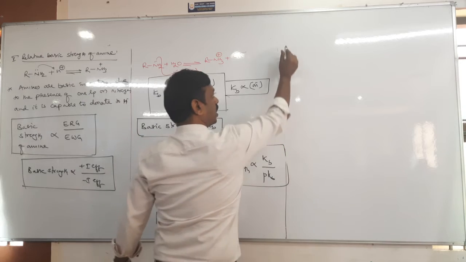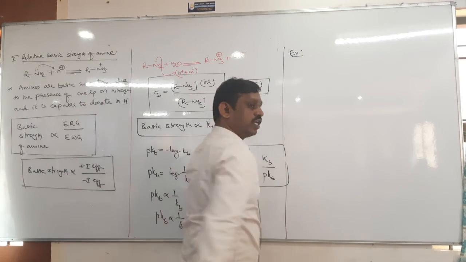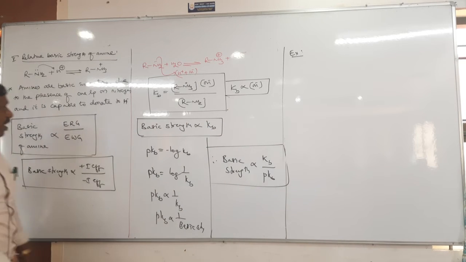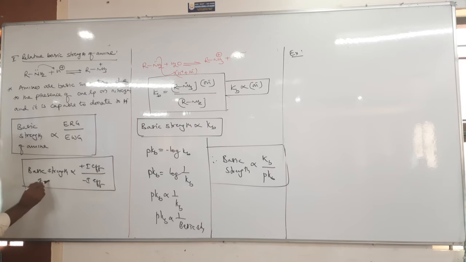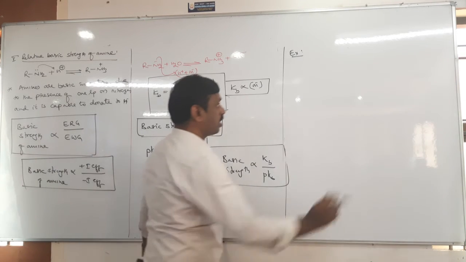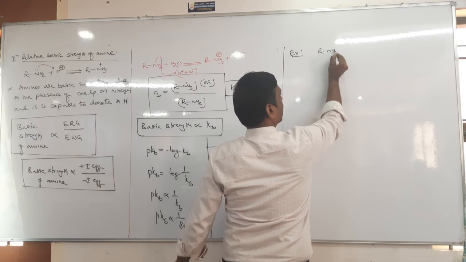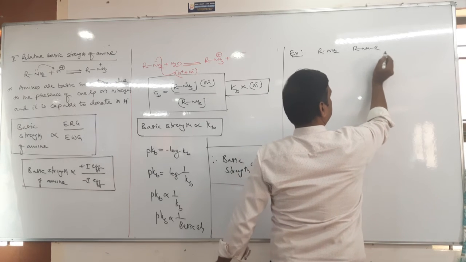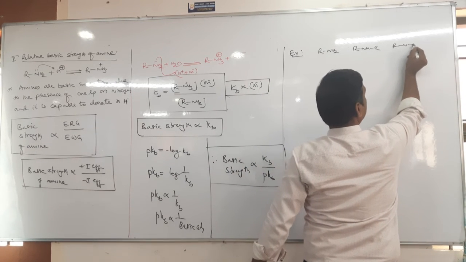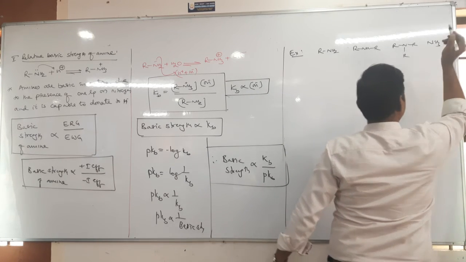Next, now let us see an example. So we understood that a plus I group increases the basic strength of an amine, right? Let us take a primary amine, secondary amine, tertiary amine, and ammonia.